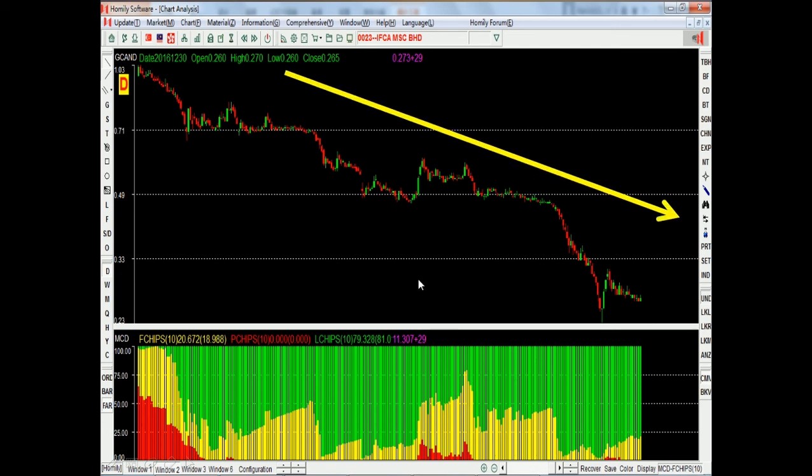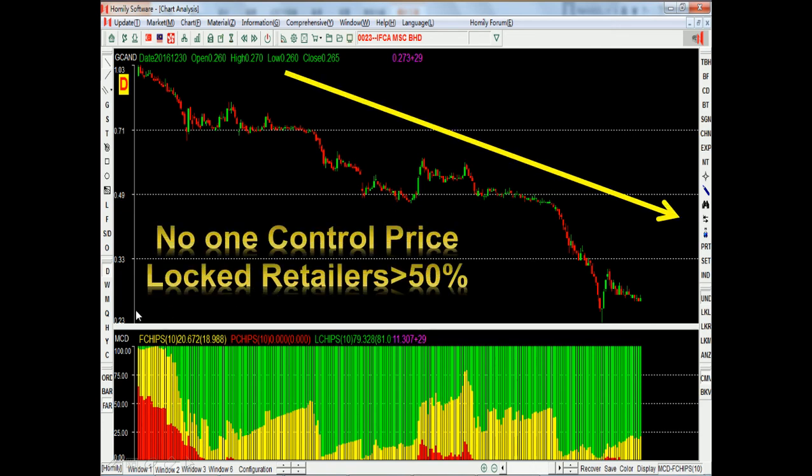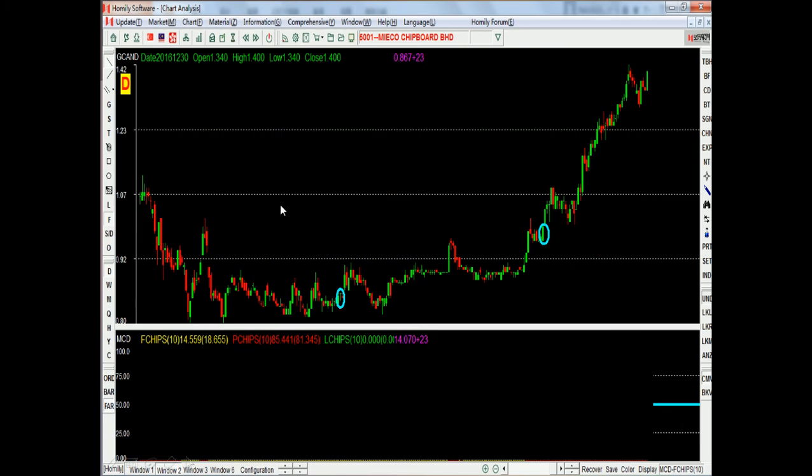The price drop down. You can see no one control price, and the locked retailers is more than 50%. Actually, you can see this area. The locked retailers mostly is more than 50%, right? So that means the high risk. Okay, this one is also Malaysia stock.